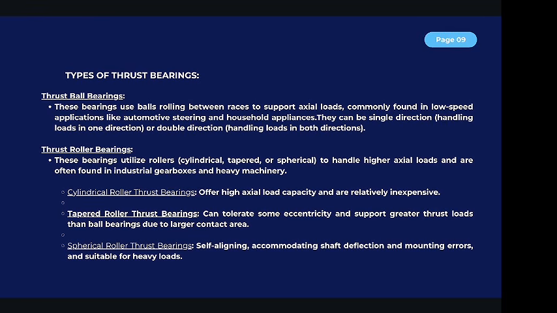They can be single direction or double direction, meaning handling loads in one direction or handling loads in both directions.